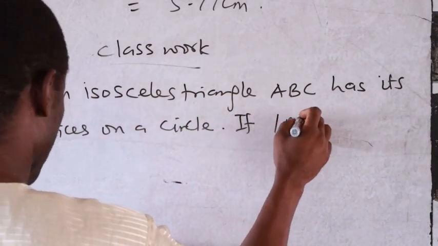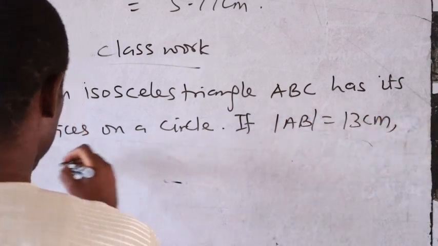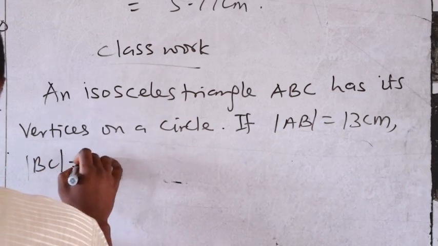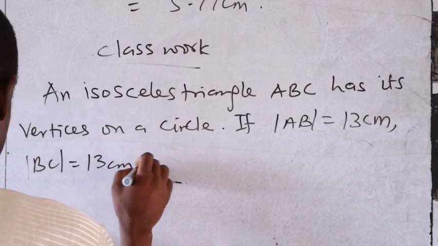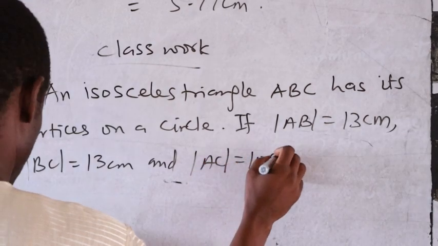If AB equals 13 centimeter, BC 13 centimeter, and AC 10 centimeter.